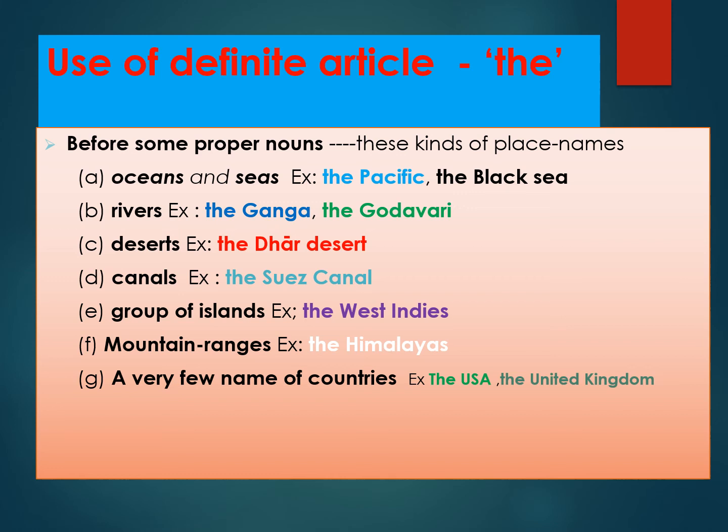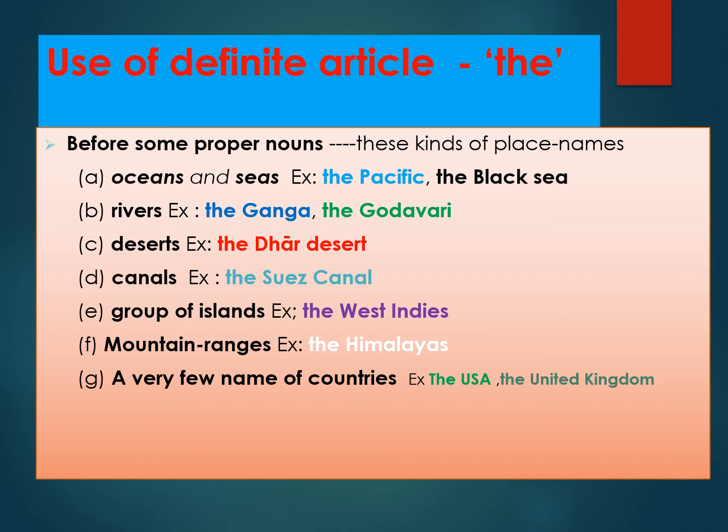Example, the Pacific, the Black Sea, the Bay of Bengal, the Arabian Sea. Second point, before the names of rivers also we can use the definite article: the Ganga, the Godavari, the Penna, the Kaveri, the Krishna.